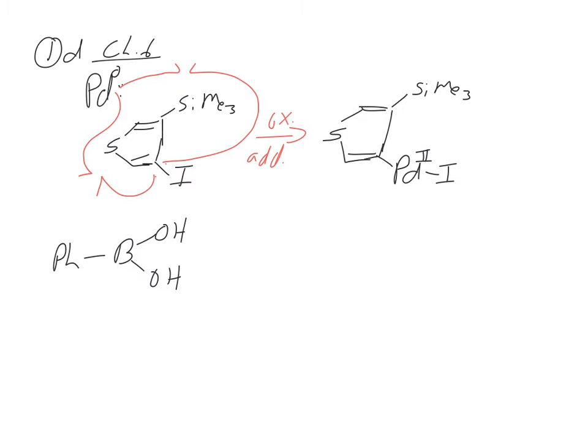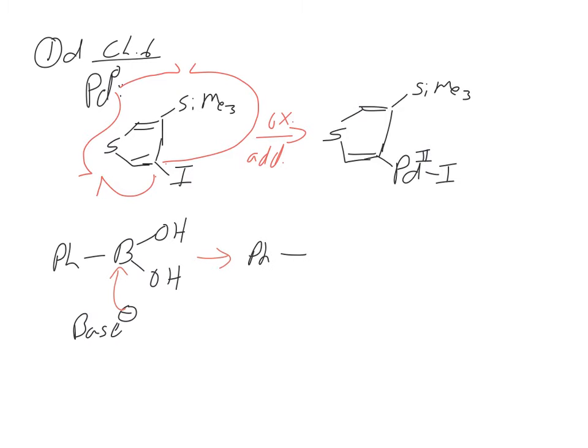So what happens here, we have a base in the system. It's sodium carbonate, so this is what I would do. I would just say base. Cheap. And I would say, oh, it's going to go to that p orbital. And what that's going to do, it's not going to kick anything out, but it's going to activate everything that's on the boron, right? So let's take a look and see what we just made.